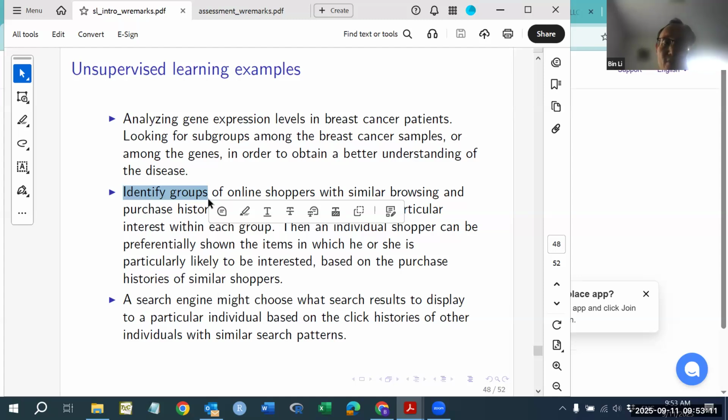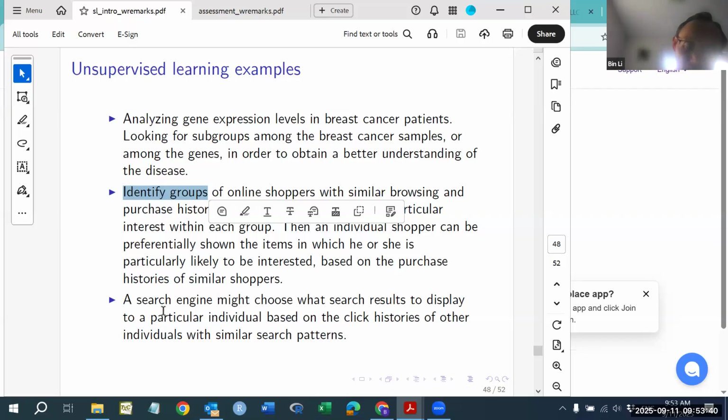If we can find these groups, then we can send out coupons and advertisements differently for different groups, and try to find matching coupons and advertisements that can be very interesting to these group members.